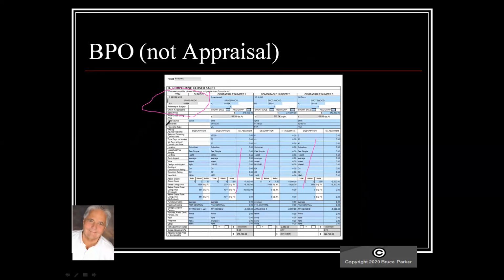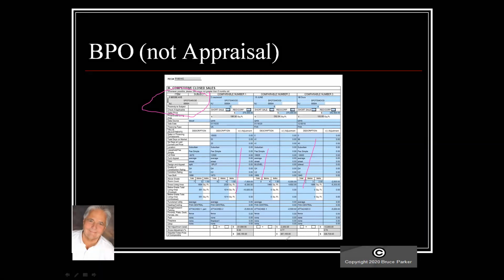But again, this is to come up with a value of 5BB by making the comparables similar to 5BB, by adjusting the comparables and then looking at what their values were, because these values down here indicate what the value of 5BB should be, because we've adjusted the comparables to make them more similar to 5BB. And this is a tough thing to comprehend, and I understand that.